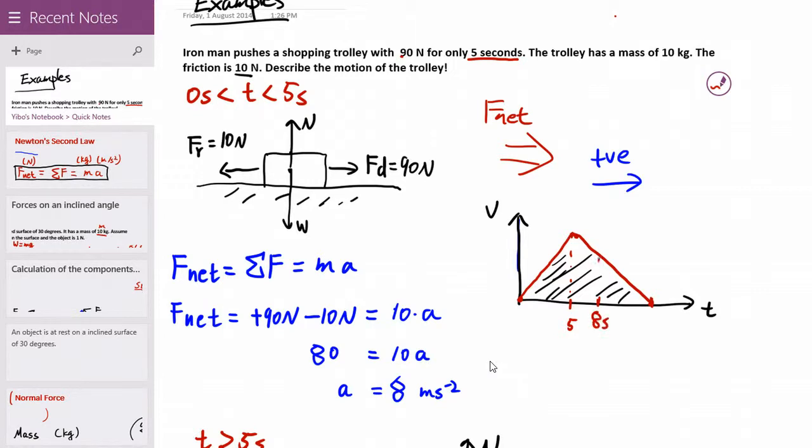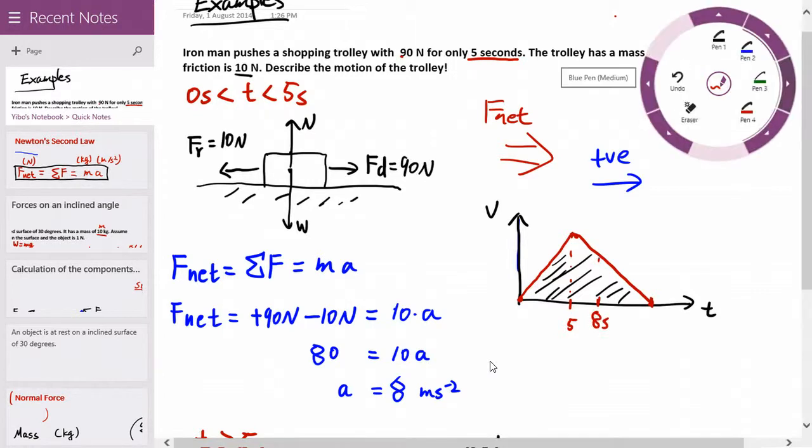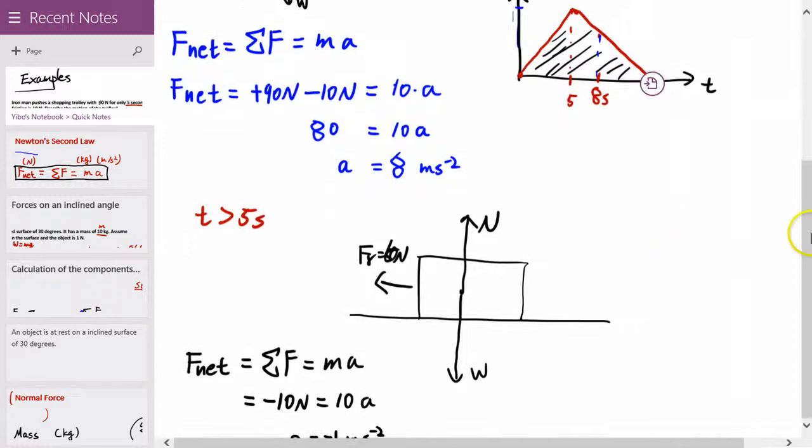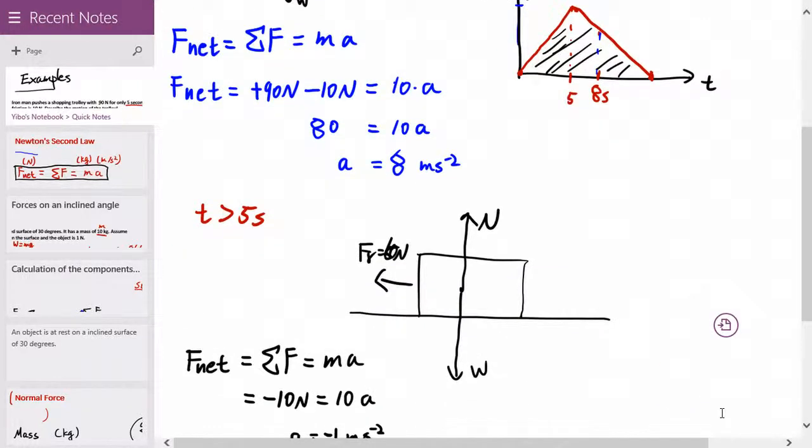What you can do is cut the graph and calculate the area under the graph. By the way, you can also calculate the velocity by using the constant acceleration equations. So that's how we do this.